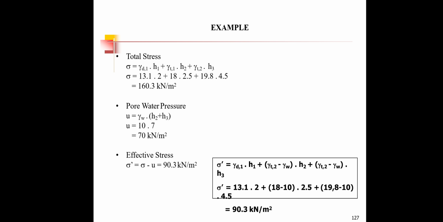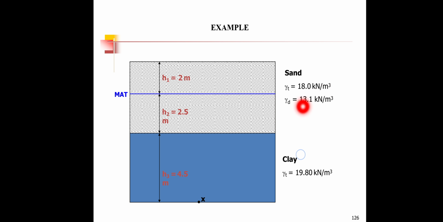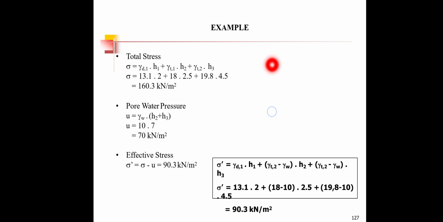So it is clear here: 13.1 into 2, plus 18 into 2.5, plus 19.8 into 4.5, and finally we arrived at the total stress acting at the base of the clay layer, after the sand deposit and clay deposit, which is 160 kilonewton per meter square. Now the pore water pressure we can calculate.